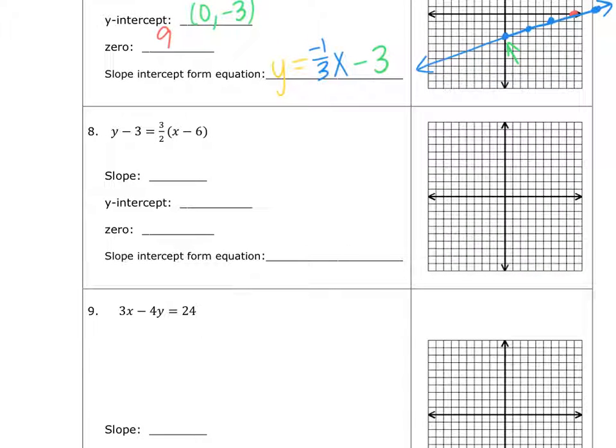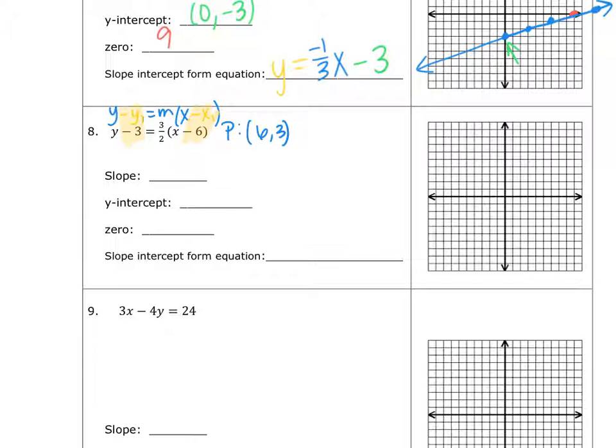Problem 8, this one's given to me in point slope, so I have the point (6, 3), because remember this is y minus y1 equals m times x minus x1. So my y1 is 3 and my x1 is 6 because the signs are the same, so the numbers do not change.